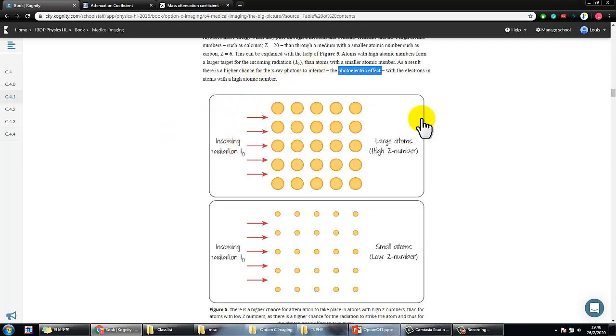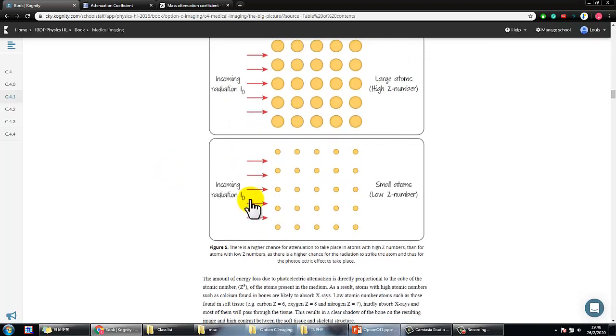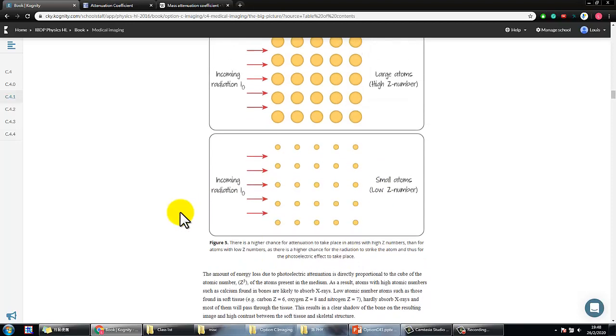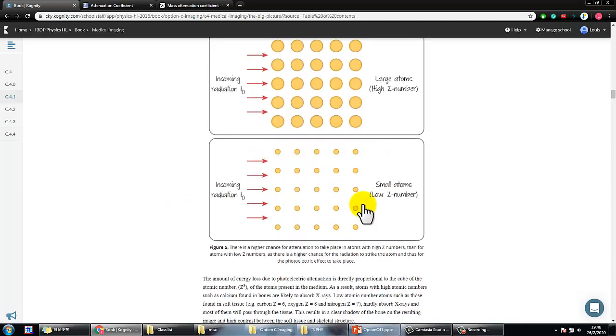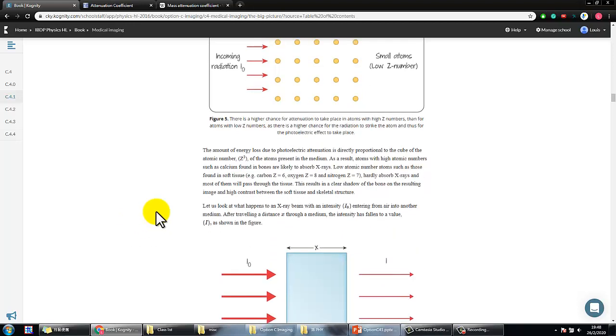And when they try to get through these bunch of large atoms, then some of them will transfer the energy to the atoms, and that means the X-ray will lose energy. While for this one, which is less dense, the X-ray radiation can get through it more easily. So that's why the attenuation value will be different. And of course, for a smaller atom, it will be easier to go through, and hence a lower attenuation number.